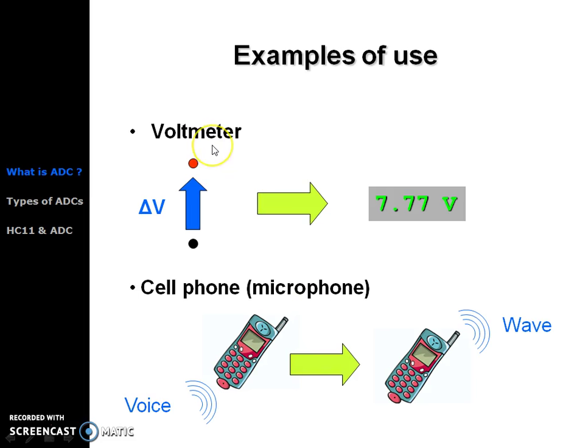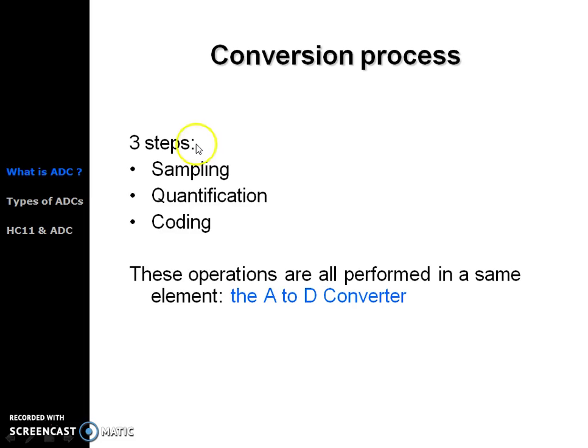Here there are some examples. Voltmeter: this is a representation of analog and this is digital. Next, voice signal: the voice will be analog, and this processes digital signals. These are two examples.